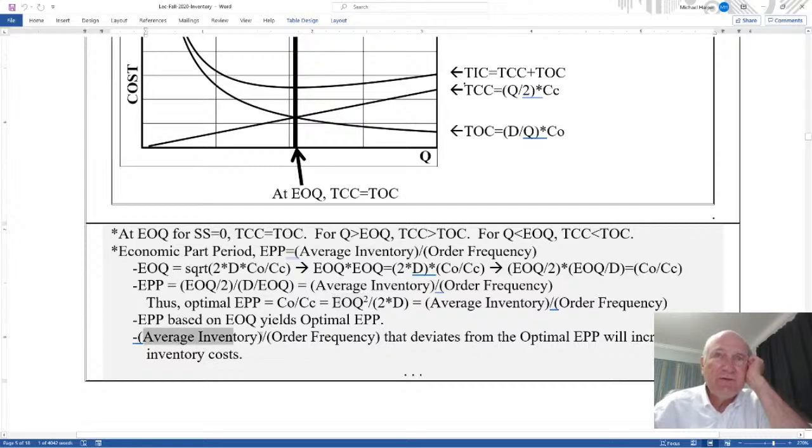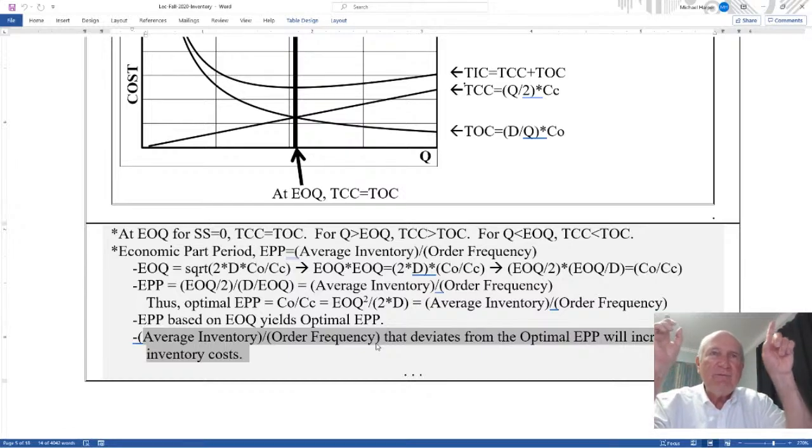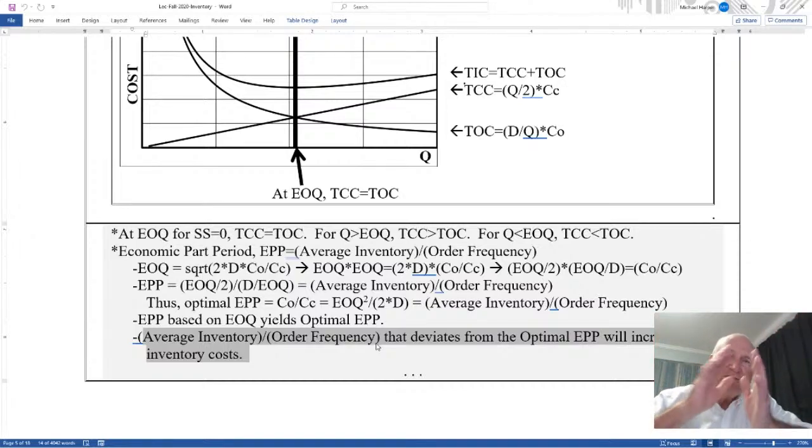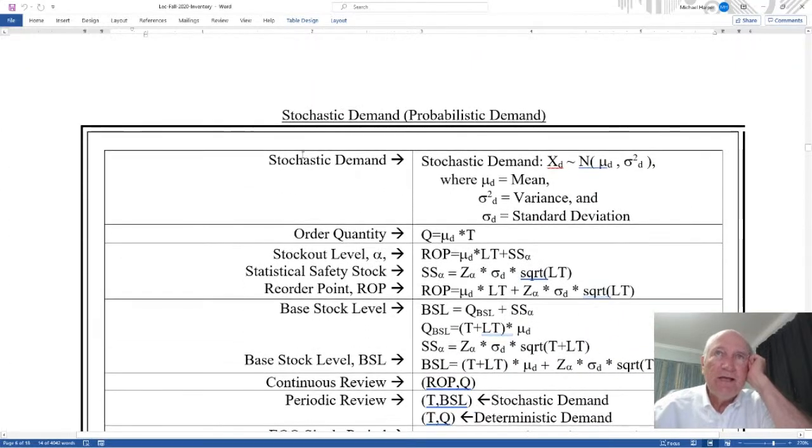And so the average inventory over order frequency that deviates from an optimal EPP will increase the total inventory costs. Okay, either larger or smaller, the costs go up. And so you want that EPP to be as close to the optimal EPP as possible. At the same time, you have your turnover rate. Okay, you want that turnover rate to be high, but you want the EPP to be at optimal. So one's cost, one's service level. So there's your cost and service level, and those are the metrics. Okay. Now let's go to stochastic demand.